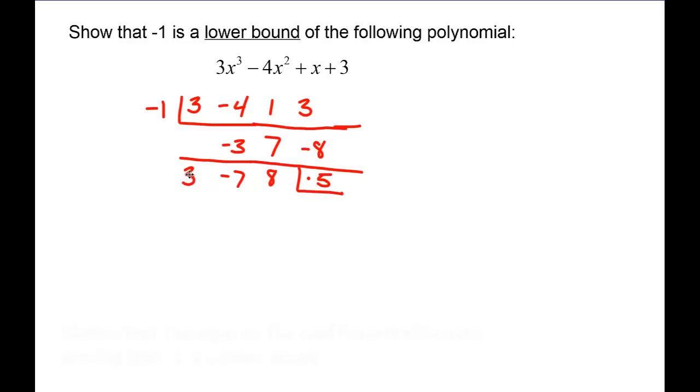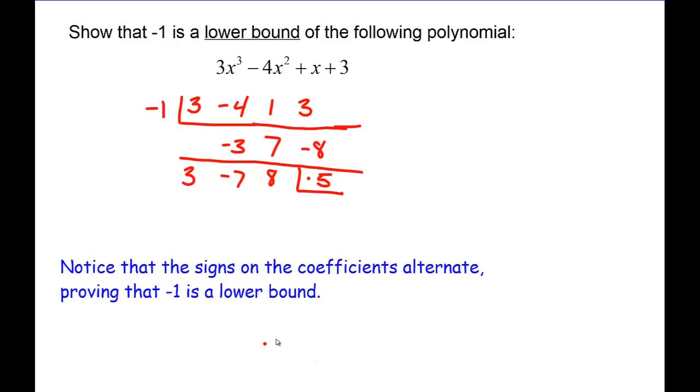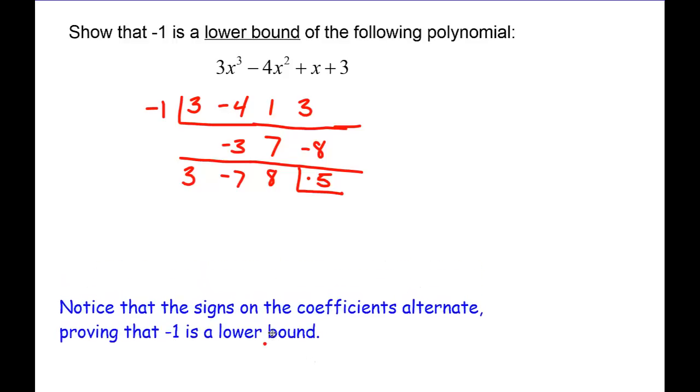Okay, so notice here that the signs alternate. And that's a big deal because since the signs on the coefficients alternate, it proves that negative 1 is a lower bound.